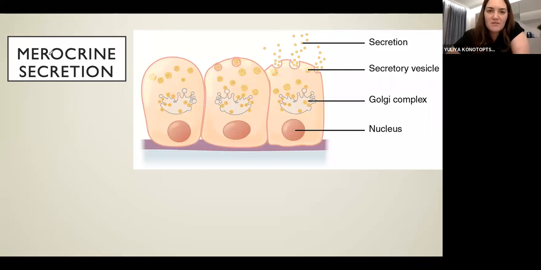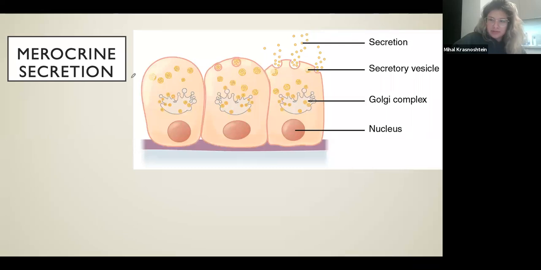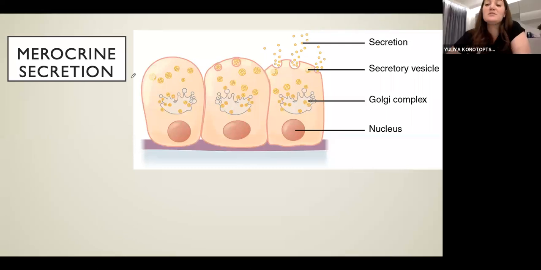Merocrine secretion, one word to replace it: exocytosis. Eccrine is a sweat gland, and this sweat gland secretes through the merocrine type of secretion. What is exocytosis?